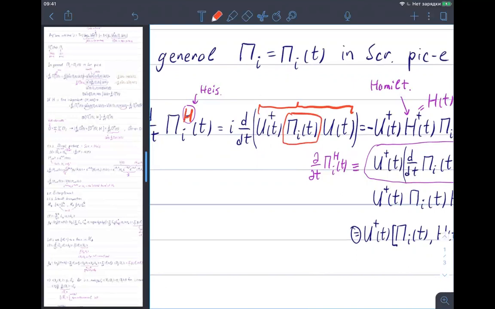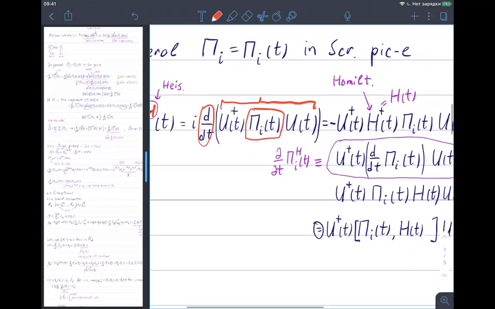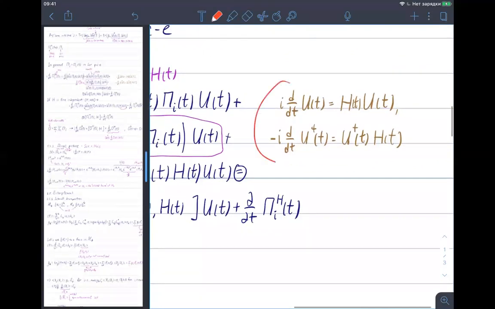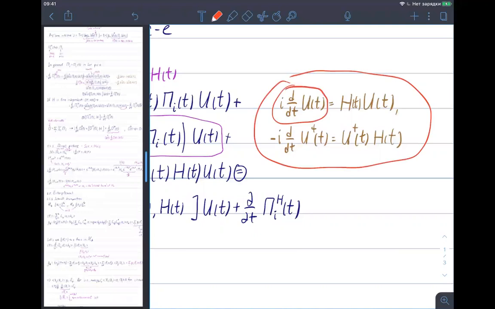Then we take this derivative, and we have three terms, so we need to consider derivatives for all three. We can use these two expressions: we know the derivative of our evolution operator, we can consider its adjoint, and come to the evolution of its Hermitian adjoint.